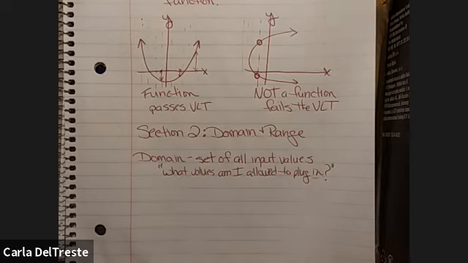There might be situations where certain numbers just don't make sense. They would not be allowed, and so they would not be part of your domain. So you have to also consider what situation you're in. Is it a generic example where you could plug in really any number? Or will there be restrictions on the numbers that you're allowed to plug in? And we'll talk about that as we do some examples.